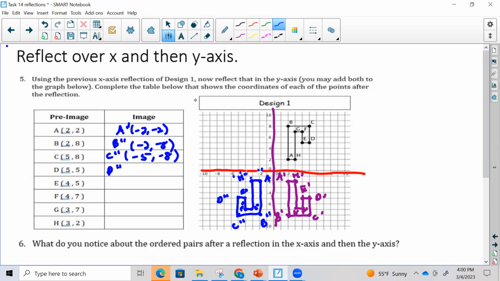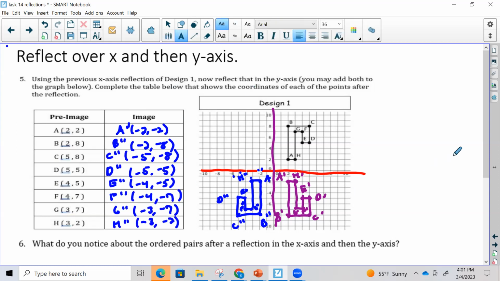So D double prime is -5. E is -4, -5. F, if I just follow that pattern, both of them are going to be negative. So -4, -7. G is -3, -7. And H is -3, -2. Okay.